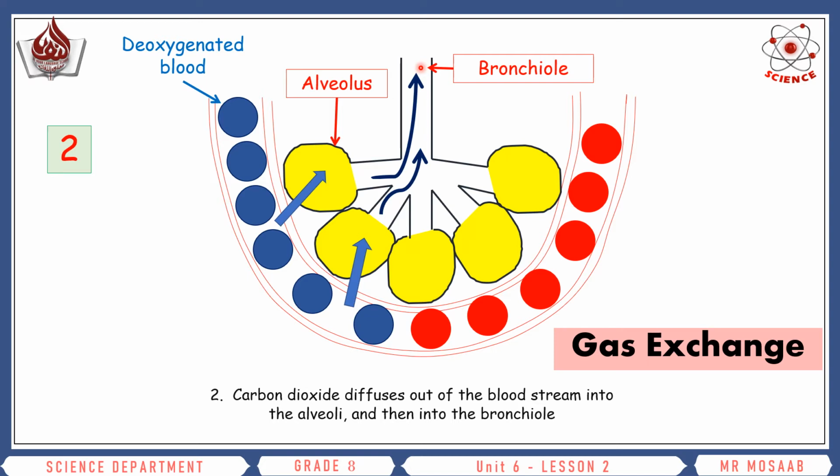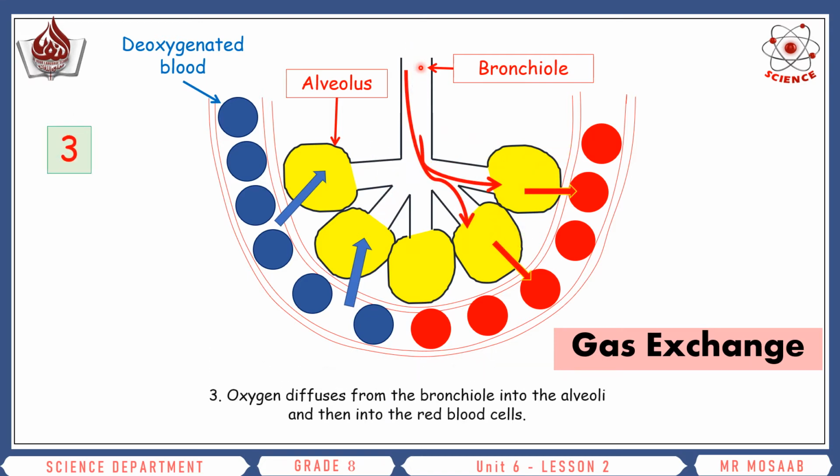Then what happens? At the same time, when you inhale, oxygen in air diffuses from the bronchiole into the alveoli and then into the red blood cells. So why does oxygen move from the alveolus into the blood?